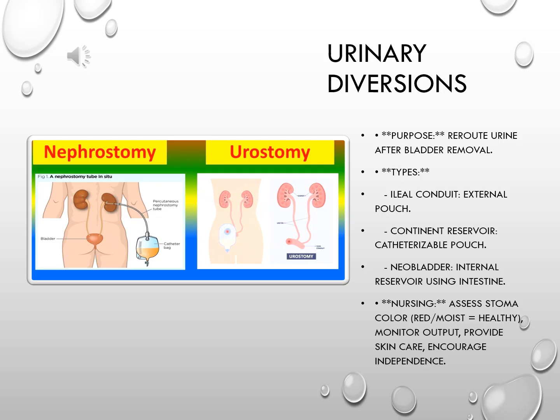We do not irrigate this tube unless it's specifically ordered, and we don't clamp the tube without orders, because this can cause a backup of the urine output to go into that kidney and can cause damage or infection.